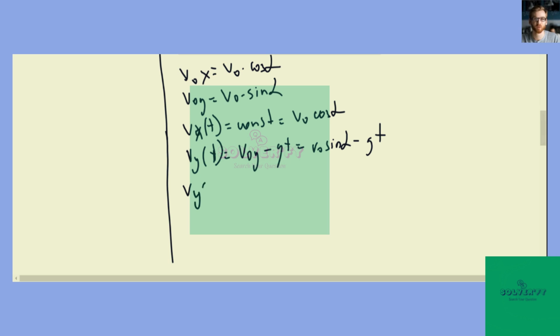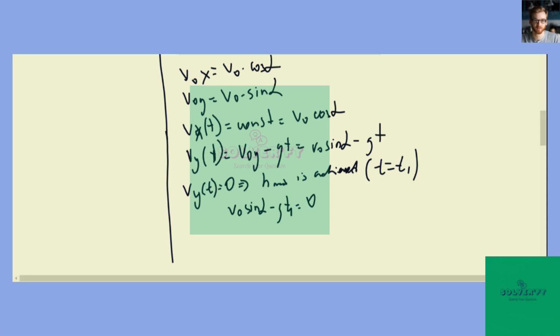When Vy is zero, the maximum height of flight is achieved. Let's presume that it's achieved at time t1. Then v0 sine alpha minus g t1 equals 0, so t1 equals v0 sine alpha over g.